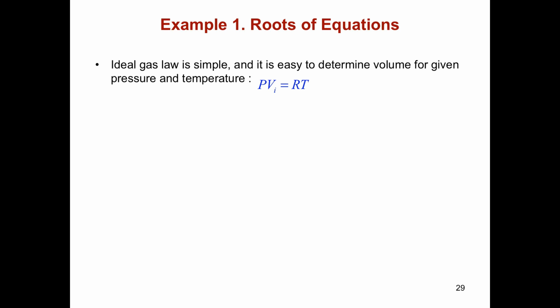This one is even simpler: I can express volume simply as R times T divided by P. Well, that's an ideal gas. Are the gases in our reservoirs really ideal? Far from it. They're complex gases, so we will need a different relationship, and this relationship might not be in such a simple form.